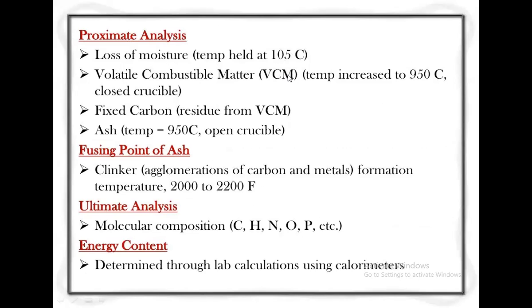Volatile combustible matter, VCM, is determined when the temperature is increased to 950 degrees Celsius in a closed crucible. Then the fixed carbon content, the residue from VCM, is determined, and ash at 950 degrees Celsius in an open crucible.